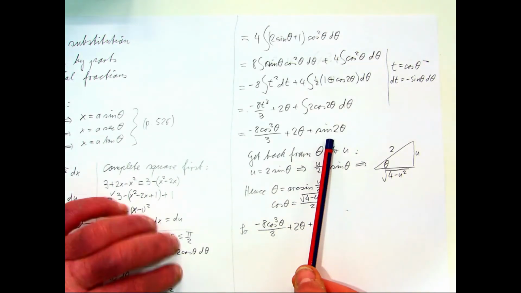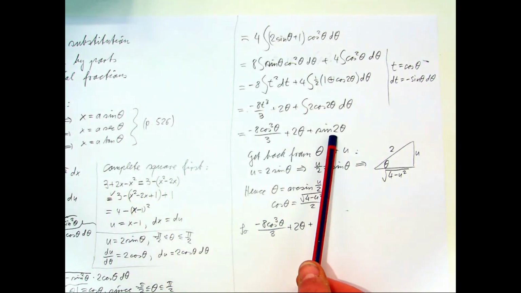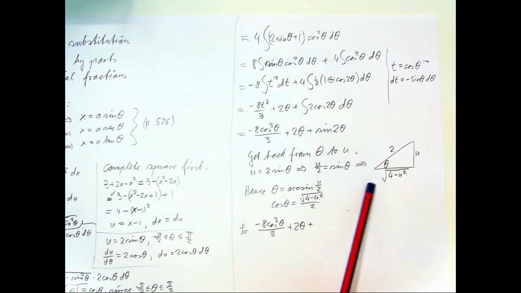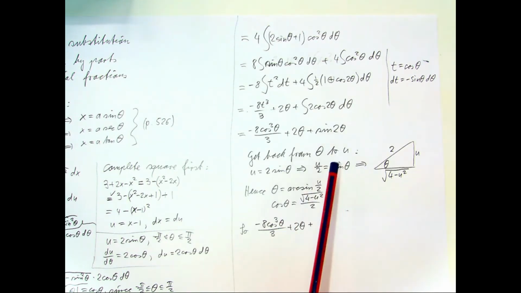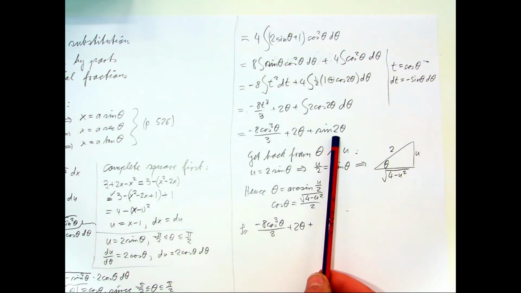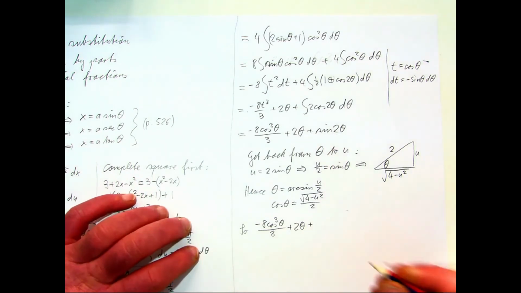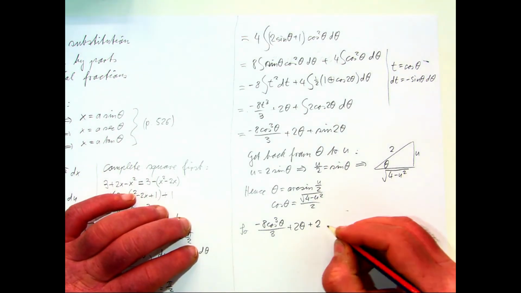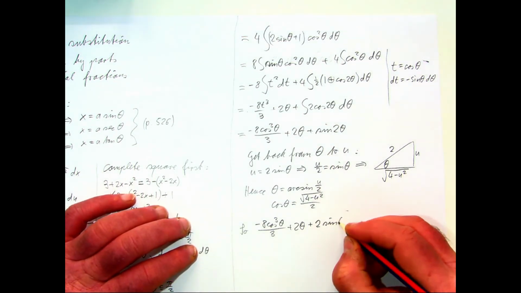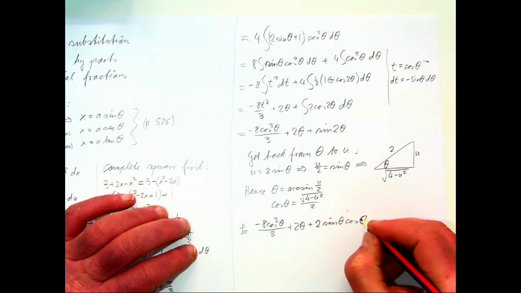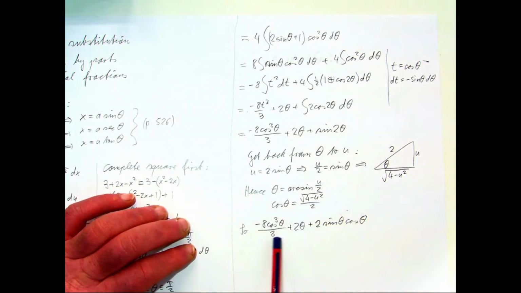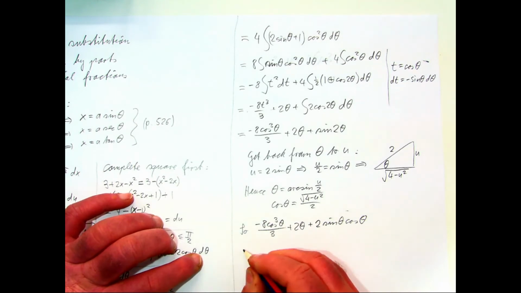Now here we have a slight problem. Sine 2 theta doesn't work so well because it's everything in terms of theta and not 2 theta. But we had that trick at least once before. You write sine 2 theta as 2 sine theta cos theta. And now you plug in all the things that we found here.